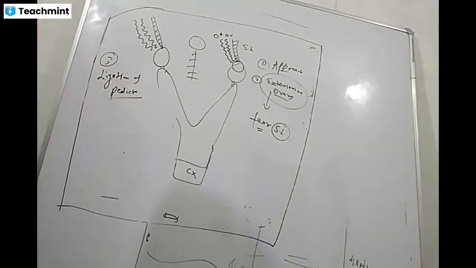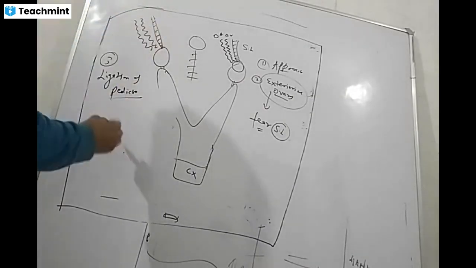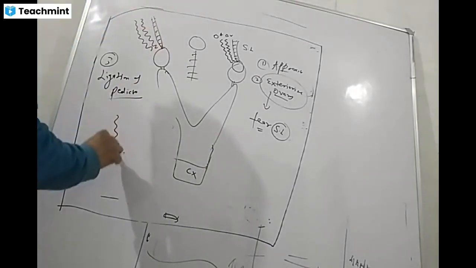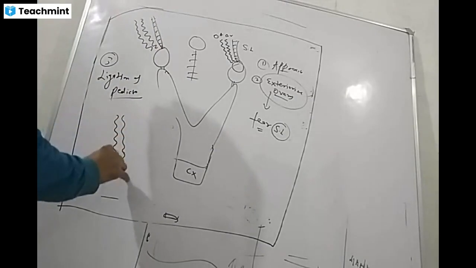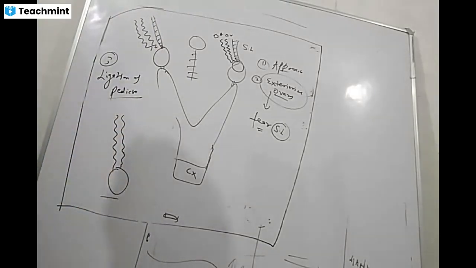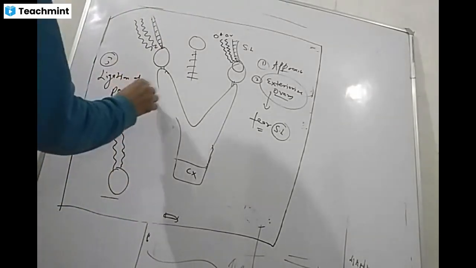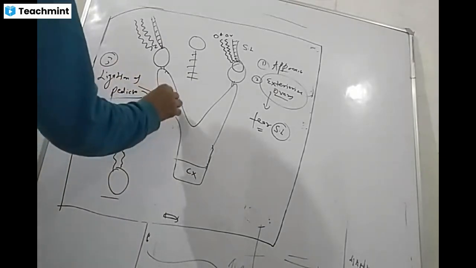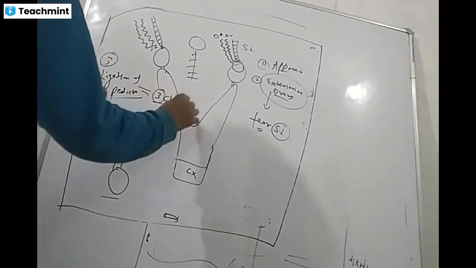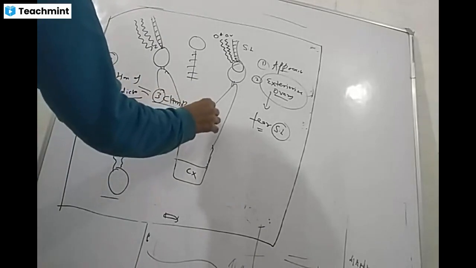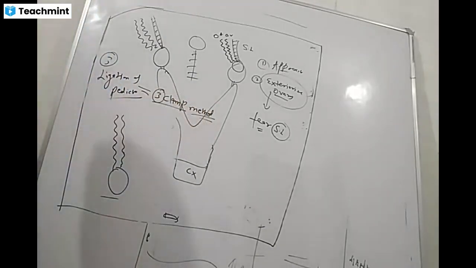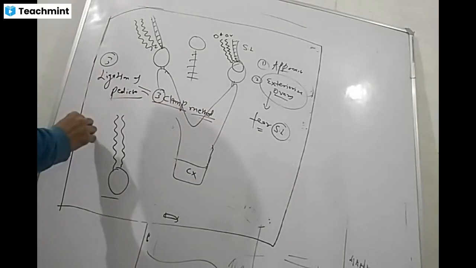This pedicle has blood vessels, and this is the ovary. How to ligate? The method is known as the three clamp method. It means you have artery forceps.